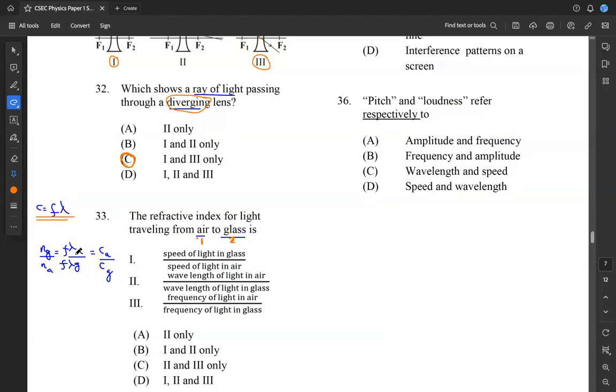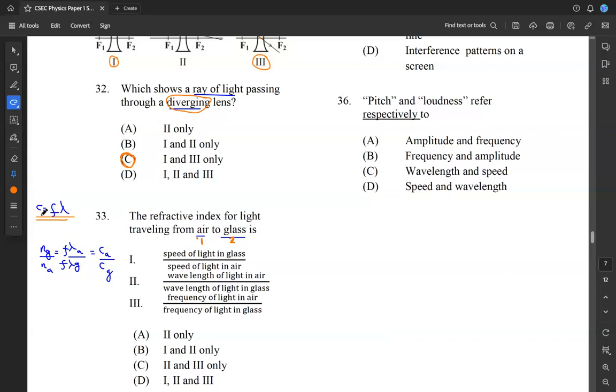Remember, these are inverted relative to the refractive indices. So if I'm writing n of glass up top, I'm going to write lambda of air up top and the speed of air up top. That's just how the rearrangement of Snell's law works, okay?